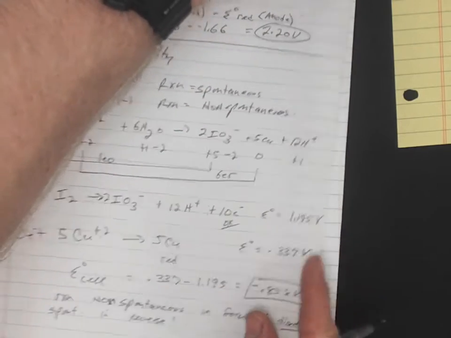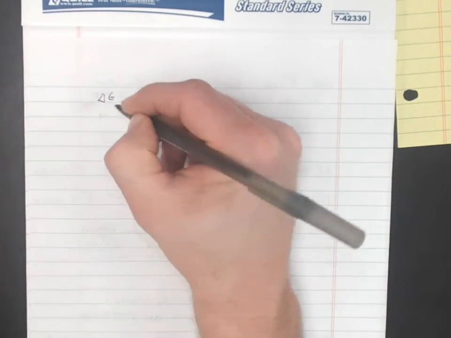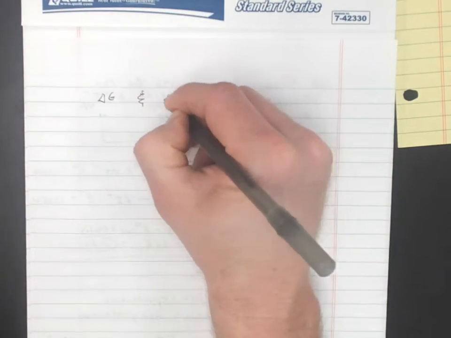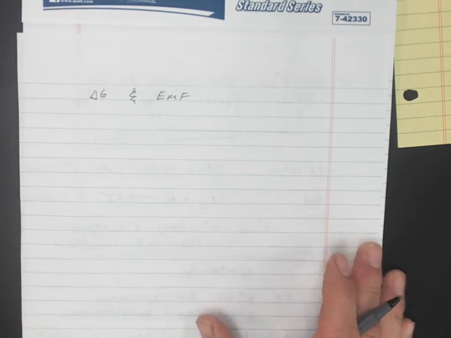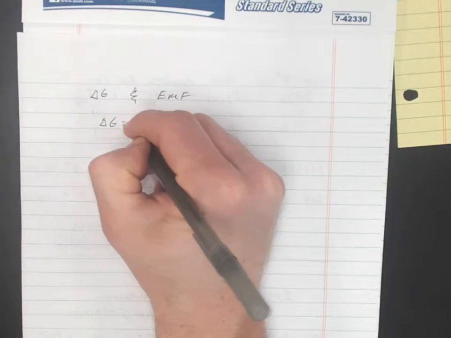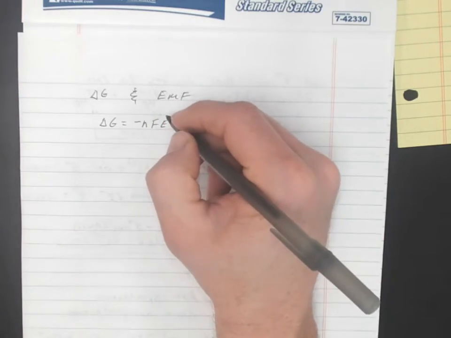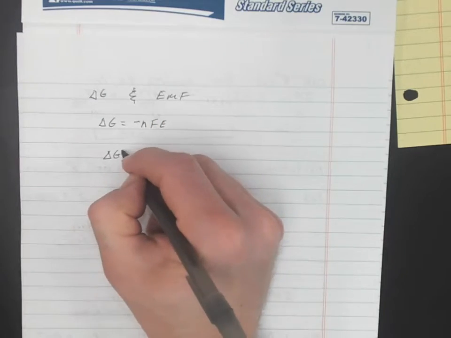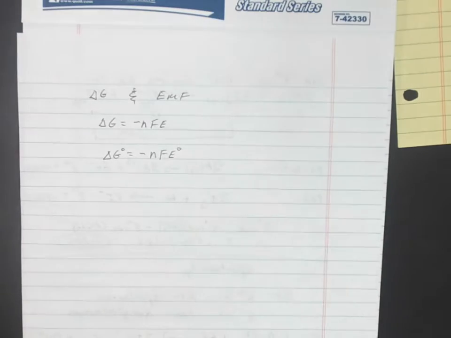Okay, last part for today is relating now our Gibbs free energy, delta G term, and our voltage, or electromotive force. And we can relate that with the equation that delta G is equal to negative nFE. And delta G naught, standard conditions, will equal negative nFE naught.